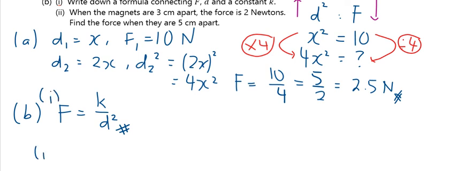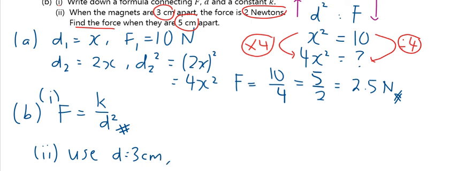Part 2. When the magnets are 3 centimeters apart, the force is 2 newtons. So find the force when they are 5 centimeters apart. So here let's begin with use D equal 3 because that's the first given value.